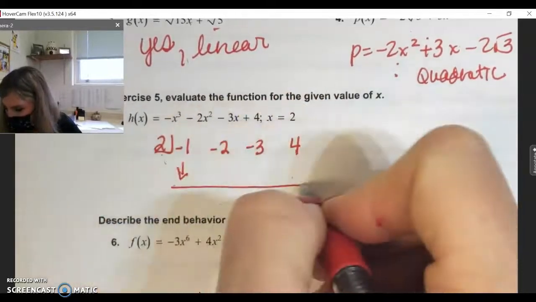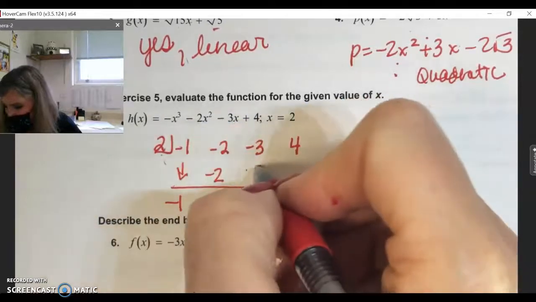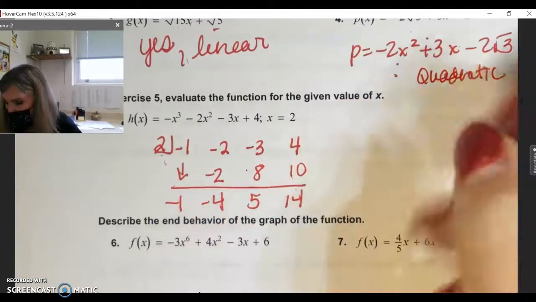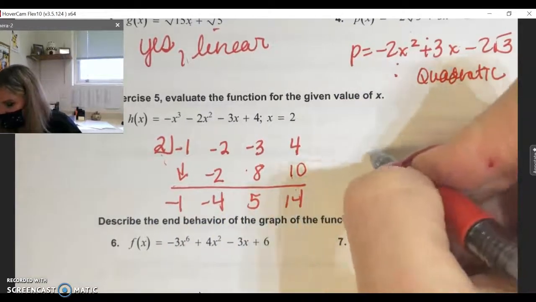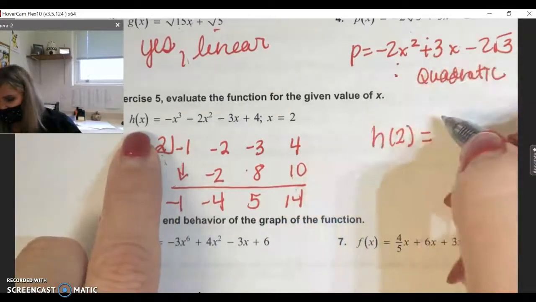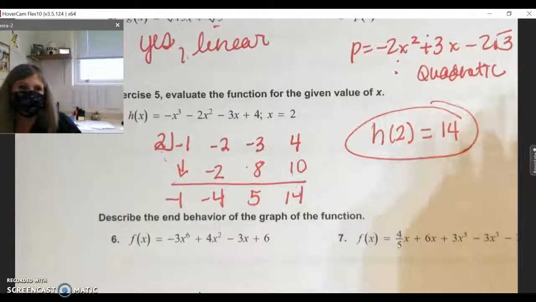So we're going to bring this down. This is -2, add. This is 8, add. This is 10, add. So what's the answer then? So I would say h of 2, meaning when x is 2, when I plug in, we get an answer of 14.